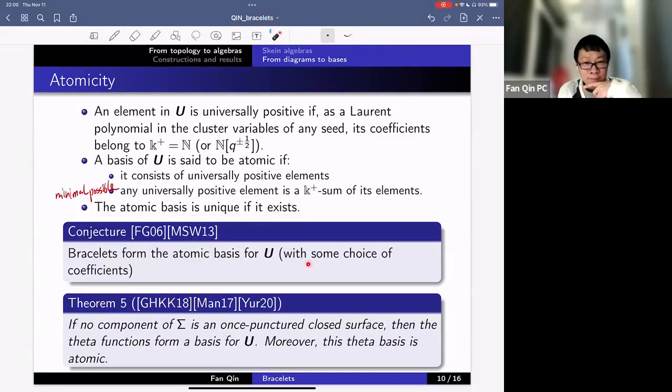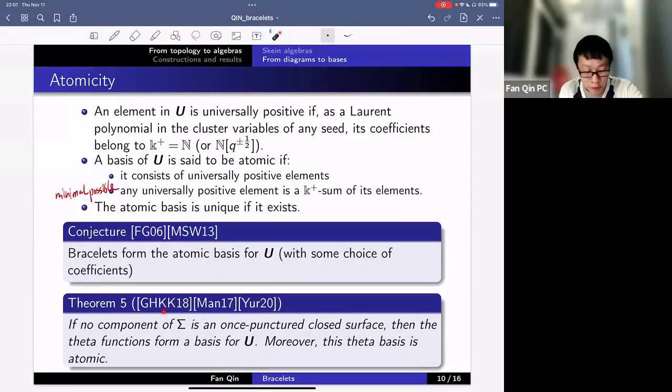Well, I think people need some choice of coefficients. I have not gone through all the literature, but I think for example, in the second case, maybe we need principal coefficients. But anyway, we need some choice of coefficients, and we want that bracelets form an atomic basis for the upper cluster algebra. And we don't know how to prove that for the moment, but we know something similar.